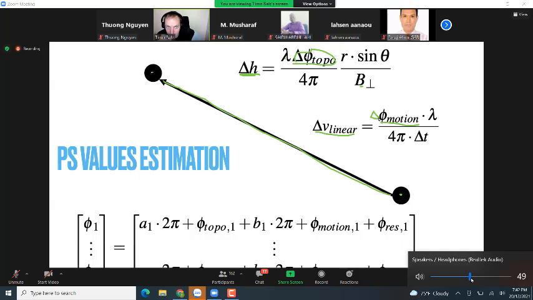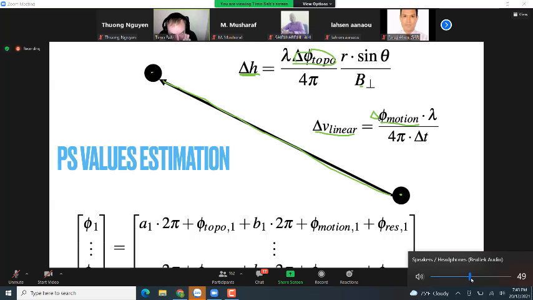There's one problem though. We have many images. We said we take like 20 images or something like that. It's just a rule of thumb. So if we have so many images and we only have two unknown variables, delta H as a difference in height and a difference in motion between these two pixels, within the two PS points, it should be easy to solve.